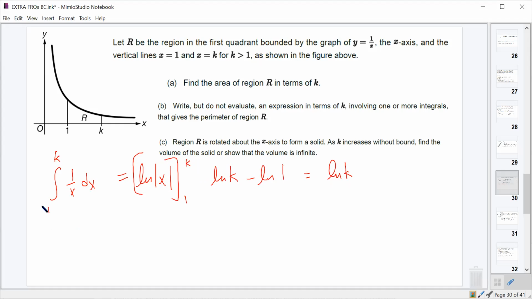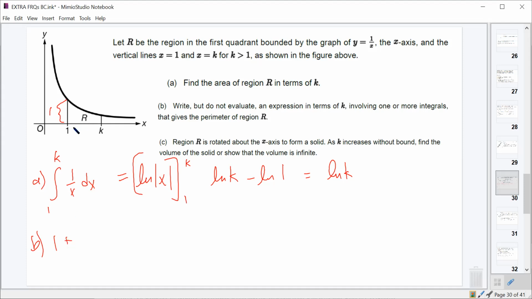Okay. Part B, they want us to find an expression for the perimeter of region R. So first off, to find the perimeter, we need to find all of these different values. And first value here, this ought to be the y value at x equals 1. So that's just 1 over 1.